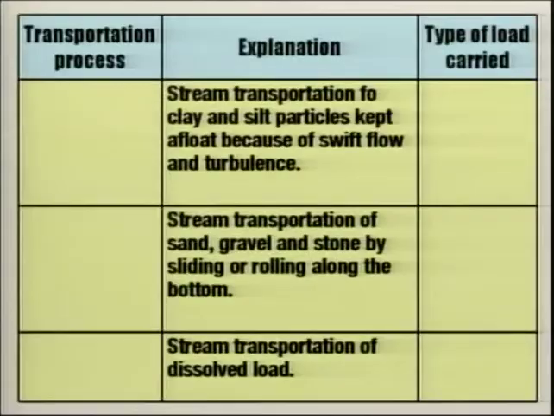Okay, now for you to copy down the column and the explanation. Again, I'll give you at least 5 minutes. Remember those 6 words you've made note of? 3 of them come under transportational process, and the other 3 come under type of load carried.